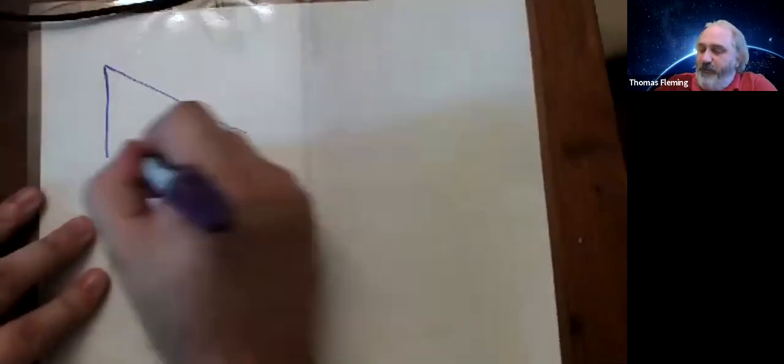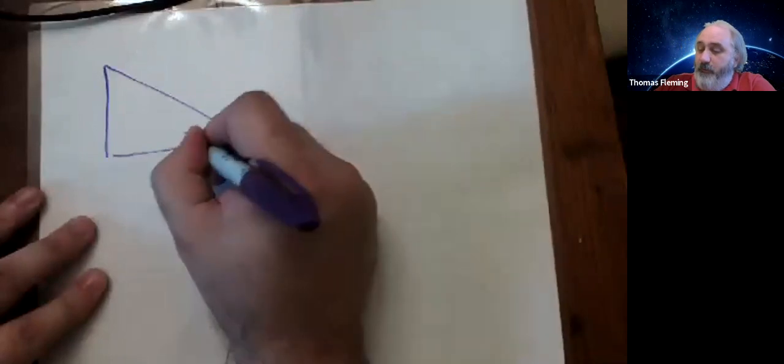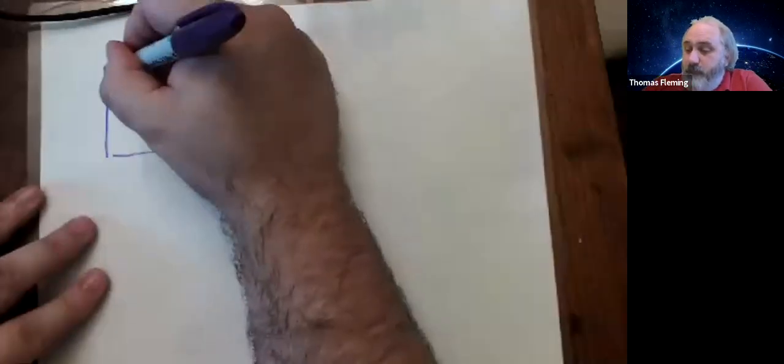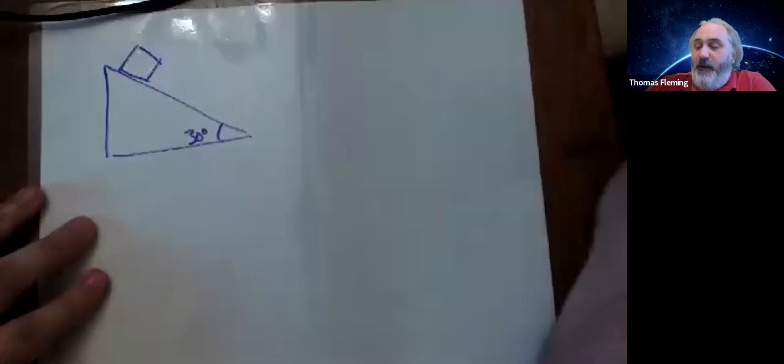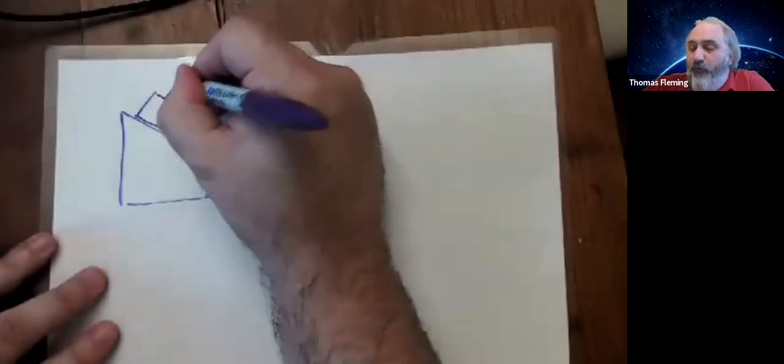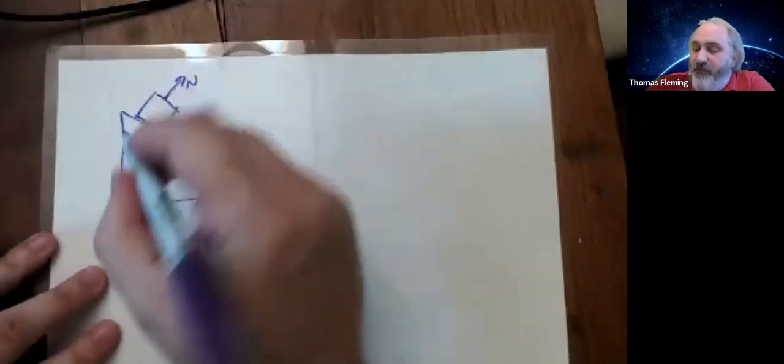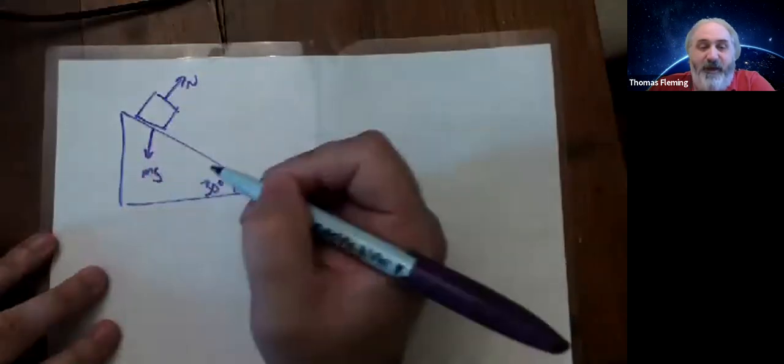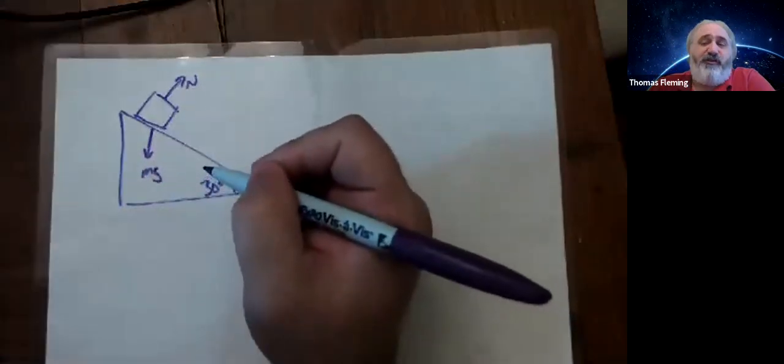So this time, here's my box, here's my ramp. I've got the normal force, yada, yada, yada. I've got gravity, yada, yada, yada. Let's add some friction to my ramp.